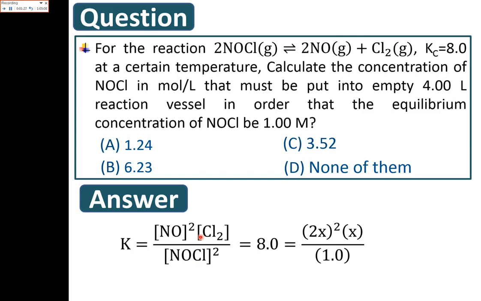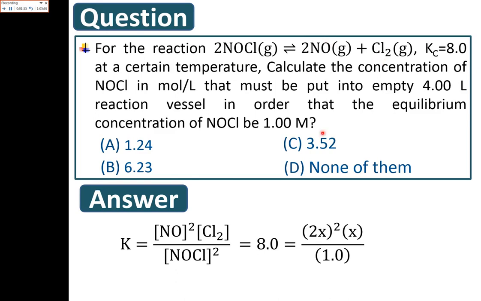Now, we will see that we started only with NOCl at the beginning. So, at equilibrium, NOCl is decreased by 2x, NO will increase by 2x, and Cl2 will increase by x.